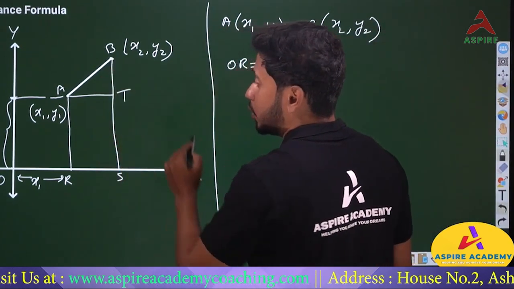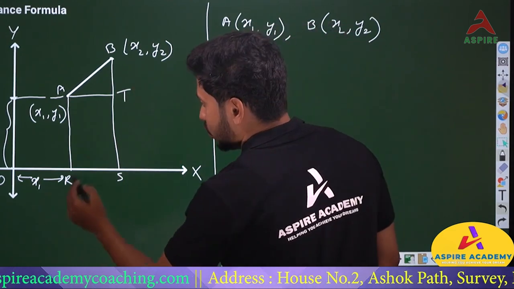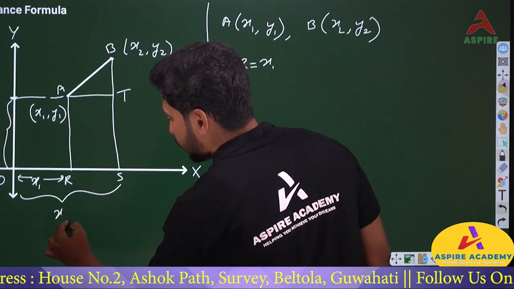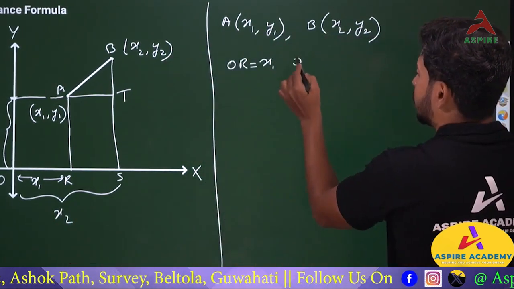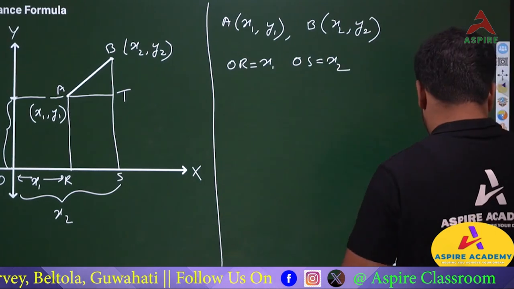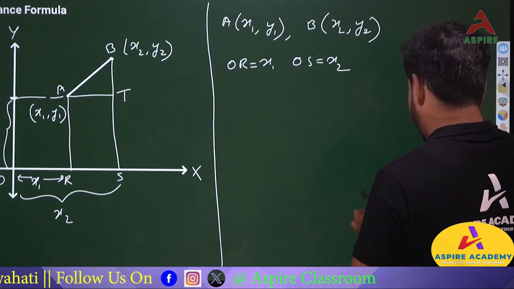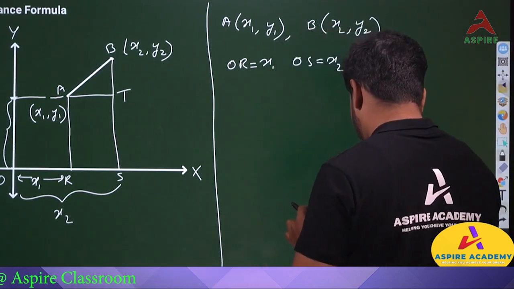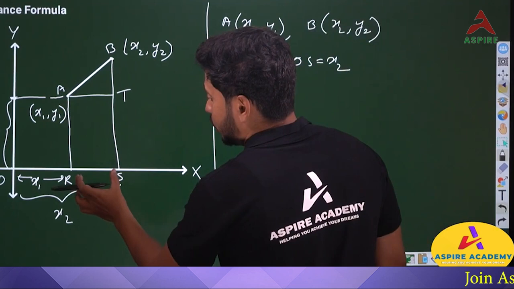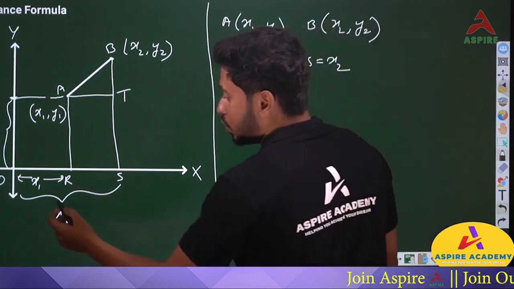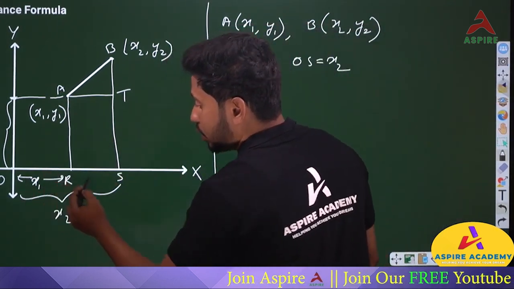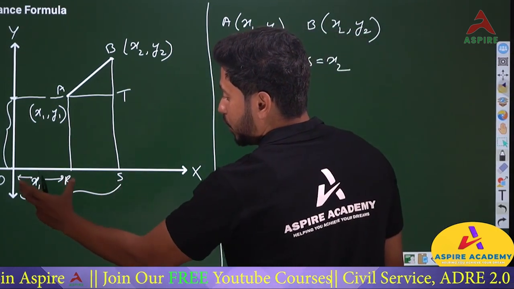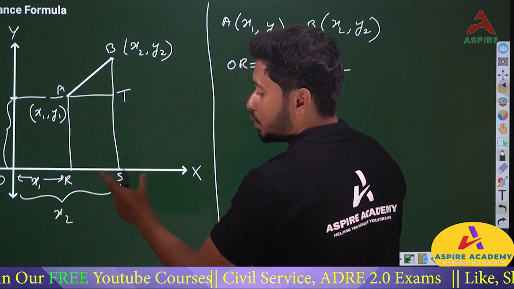Next, for point B also, what is x2? On the x-axis from O to S, this is x2, right? So OS equal to x2. What will be RS here? We know that OR equal to x1 and OS equal to x2. If we subtract OR from OS, we will get RS.